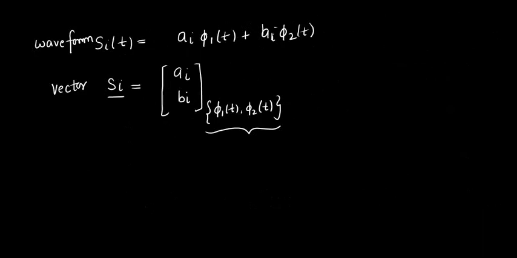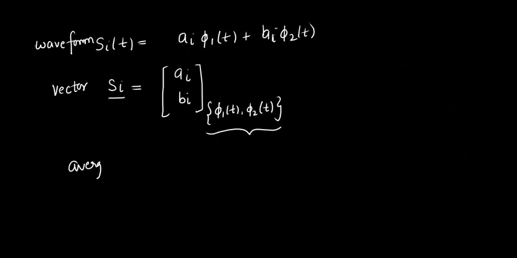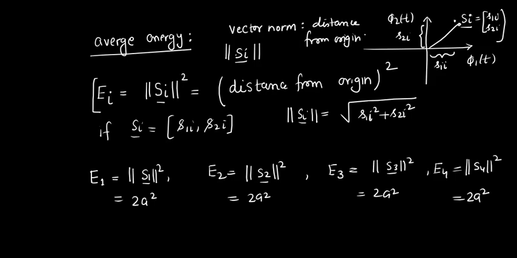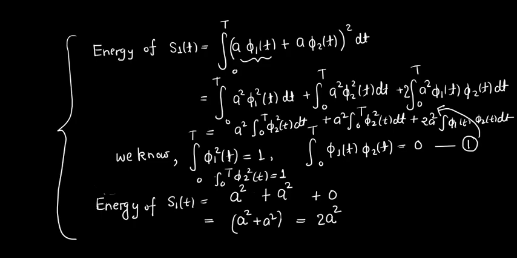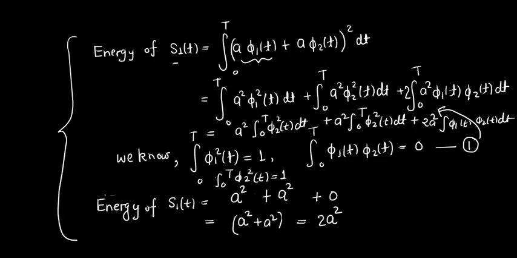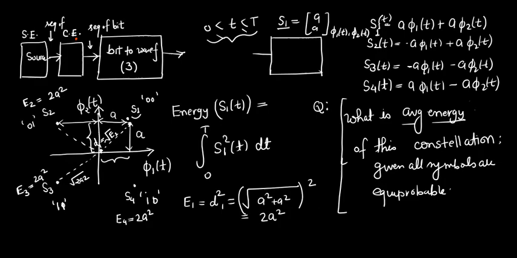You can easily evaluate average energy if you know what is the probability distribution of each waveform, meaning that if you see how many times S1t is sent, how many times S2t is sent, how many times S3t is sent, because from this bit to waveform mapper sometimes S1t would come out, sometimes S2t would come out, and so on.